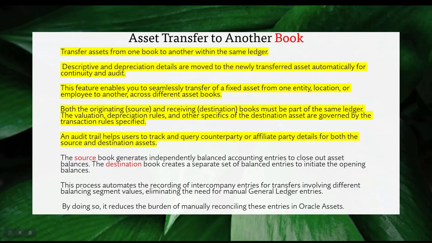As you know, before this feature, you had to retire the asset in asset book A and transfer create accounting. After that, you had to add it manually in asset book B. Now, no need to do these cycles. You can transfer between books without any issues.